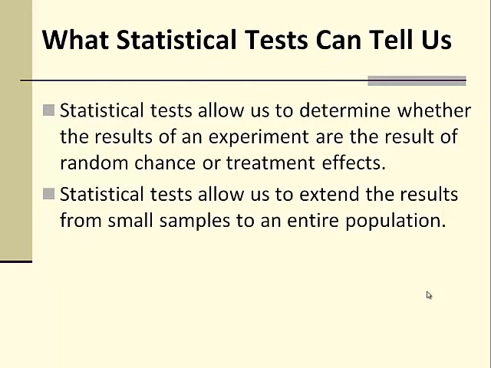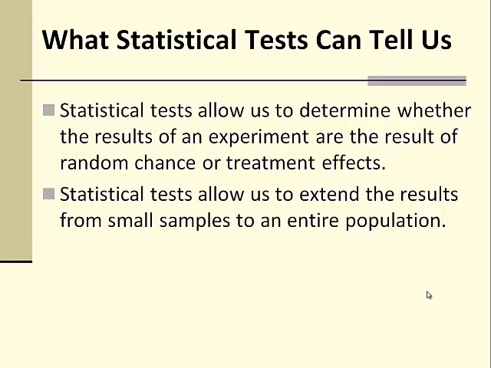We close our discussion of experiments by talking about statistics. Statistics are a branch of math that allows us to determine if an event that we observe in an experiment is a result of random chance or an actual result of the independent variable. And so statistics allow us to determine whether what we're seeing is actually meaningful or not.